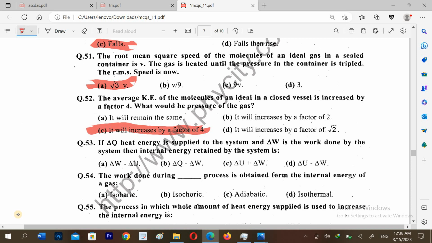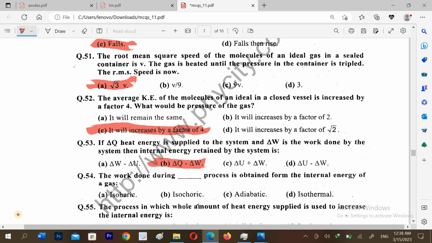If Q heat energy is supplied to the system and W is the work done by the system, then internal energy retained by the system is... B. The work done during dash process is obtained from the internal energy of gas.